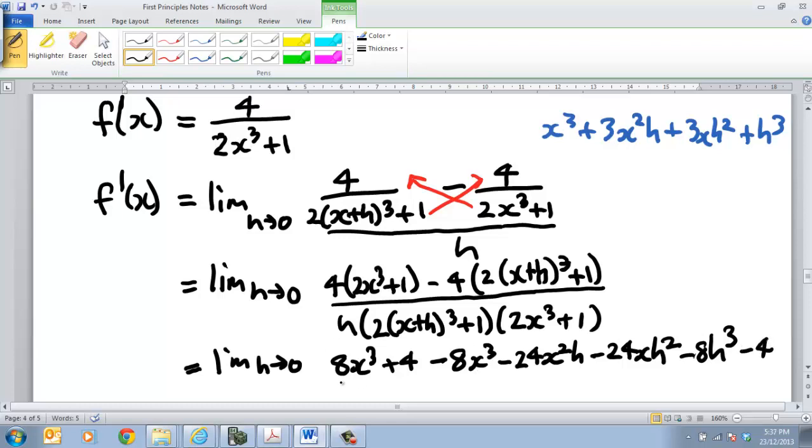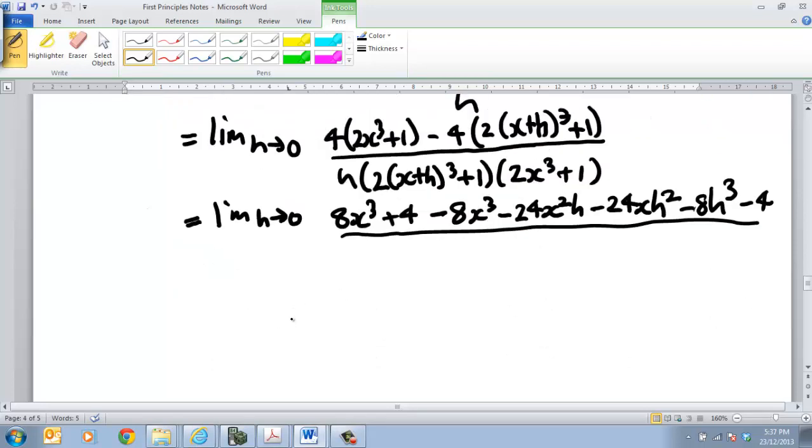Right, so not that nice, but again, we're only expanding the top line. And then we're going to look to see if we can cancel things that are the same. On the top line, any term that doesn't have an h in it should do what? It should cancel, shouldn't it? If we don't cancel there, we know we've made a mistake somewhere. So, in terms of the question, if you have time, you can then go back and work out what's gone wrong.